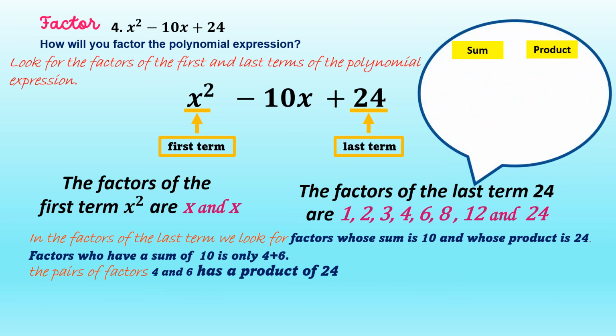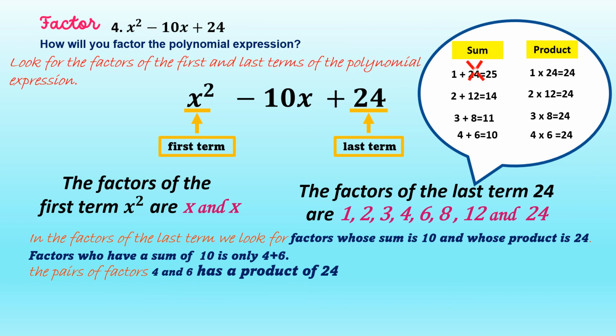Let us look closely at the sum and product of the pairs of factors. So all the pairs of factors have a product of 24. In the sum, there is a difference because 1 plus 24 is equal to 25, 2 plus 12 is equal to 14, 3 plus 8 is equal to 11, 4 plus 6 is equal to 10. So if the sum is not 10, then we will cross it out, including the products.